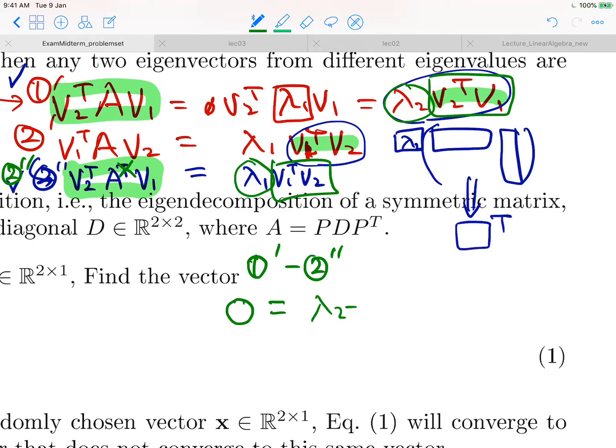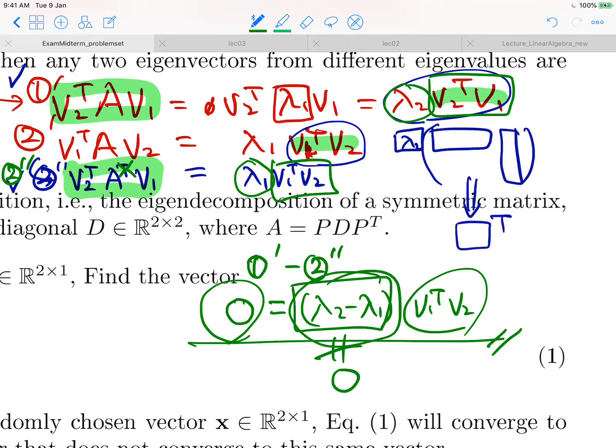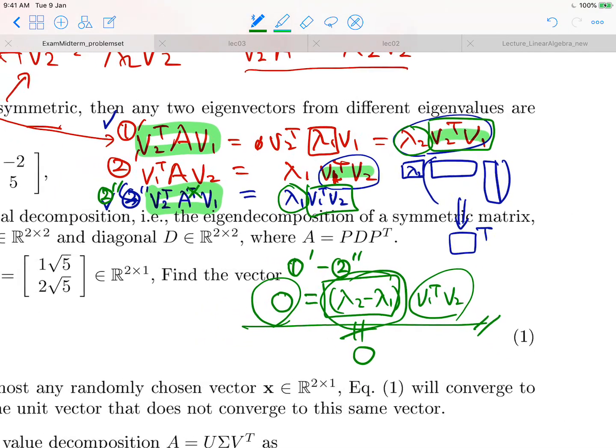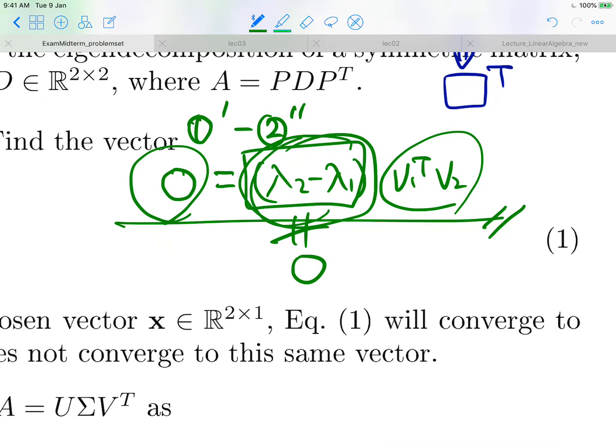So it's lambda 2 minus lambda 1 times V1 transpose V2, right? So we still have the inner product between these two, and this difference between our eigenvalues, and it should be 0. This factor is non-zero because lambda 1 and lambda 2 are different eigenvalues, as given.